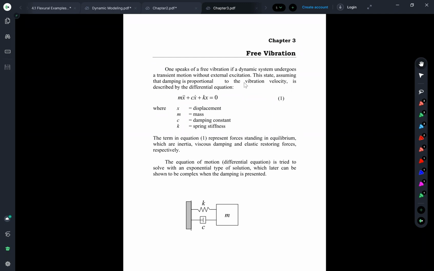But before I go into the detail, let me start with the very beginning, the equation of motion, equation number 1, which I think we are all done with from the equilibrium before.